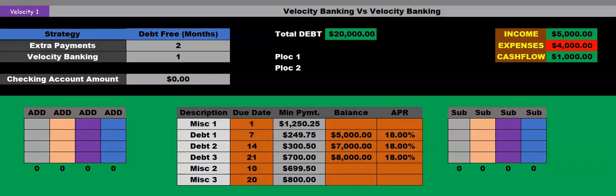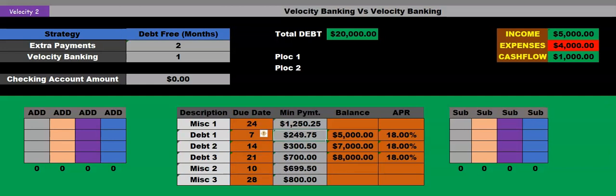Okay guys, so what we're going to be doing is comparing two examples here of debt. We have a total of $20,000 in debt, and the only difference is going to be the due dates. We'll have the miscellaneous expense due on the 1st, the debt due on the 7th, 14th, 21st, and miscellaneous due on the 10th and on the 20th.